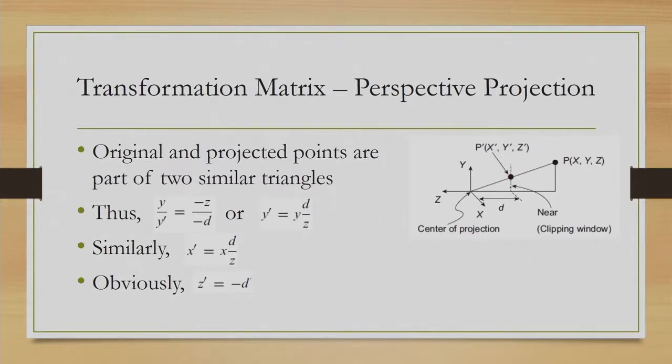we can see that they are part of two similar triangles, and from these triangles we can form some relationships. So, like between the y coordinates and between the x coordinates in terms of d, that is the distance of the view plane or the near plane from the origin, and the original z coordinate value.